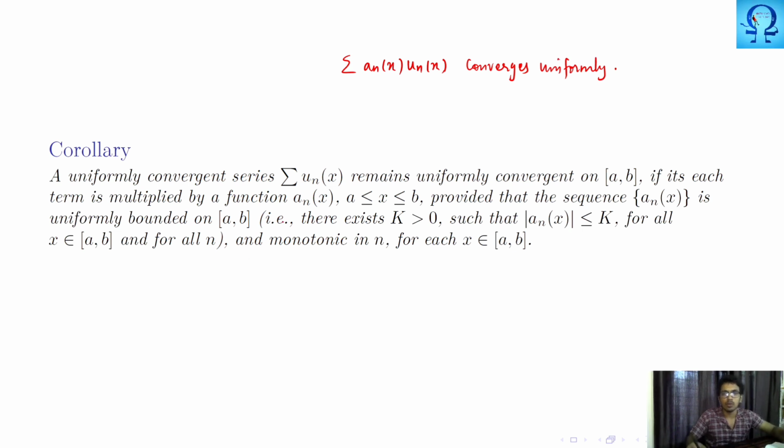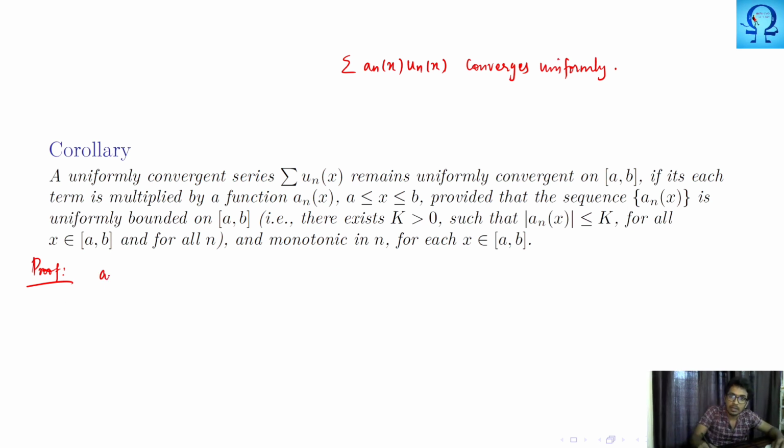Okay. Now, we may not be able to prove this completely, but I can give you the hint of the proof. For that purpose, under the given conditions, this an of x is uniformly bounded. Uniform boundedness will imply boundedness. And it is monotone as well.